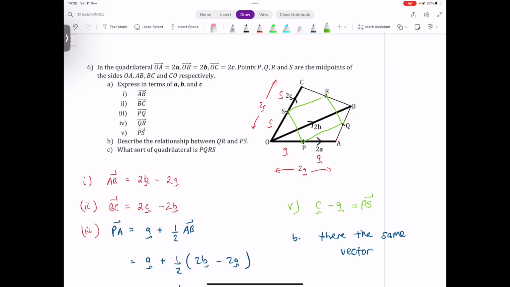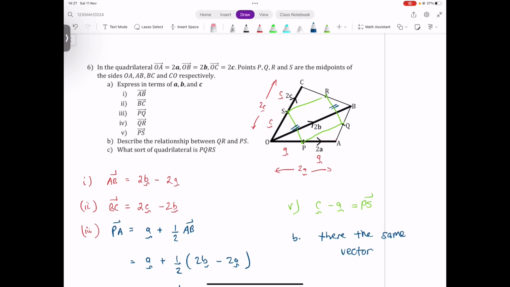Now we just figured out that these two vectors were the same. Now, if those two vectors are the same, that actually means that the other two sides also have to be the same. Because, remember, for vectors to be the same, that means not only do they have the same magnitude, but they also have the same direction.